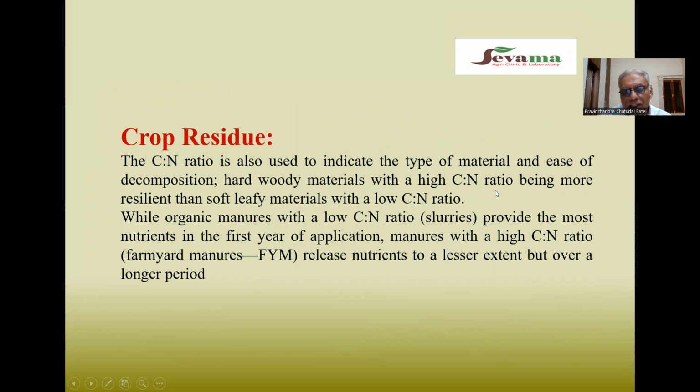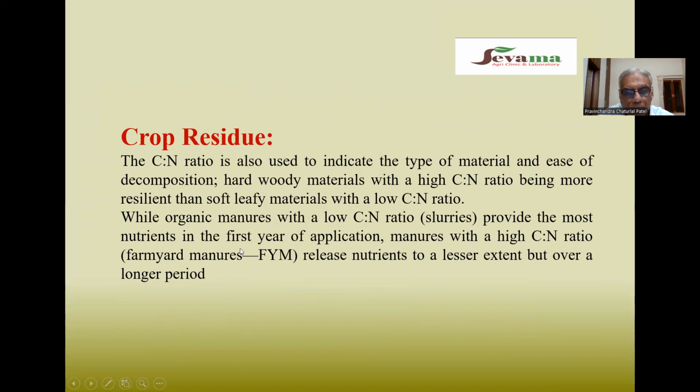Hard woody material with a high CN ratio is more resilient than soft leafy material with a low CN ratio. Organic manure with a low CN ratio, like slurries, provides the most nutrient in the first year of application. Manure with a high CN ratio, like farmyard manure, releases nutrients to a lesser extent but over a longer period.